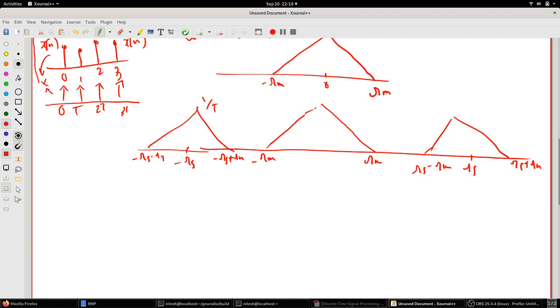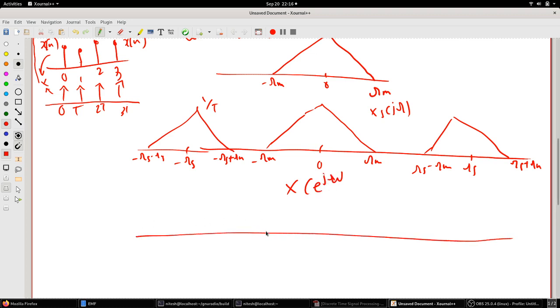Okay, so this was what you had obtained, xs of j omega, and then you converted it into x of e raised to j omega by changing the whole scenario to a normalized frequency. This was your some frequency, which was omega m. This was omega m minus 0, and it was normalized frequency range scale.